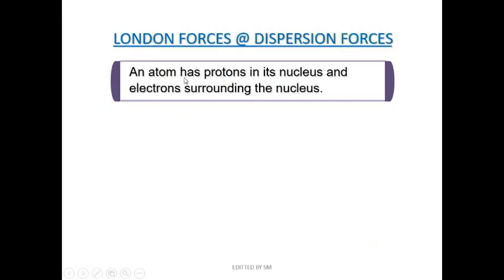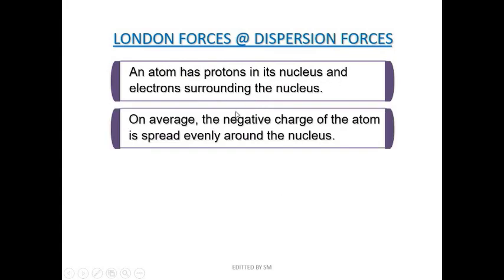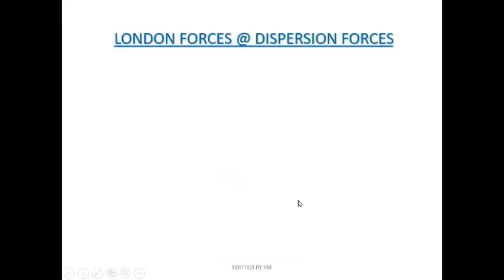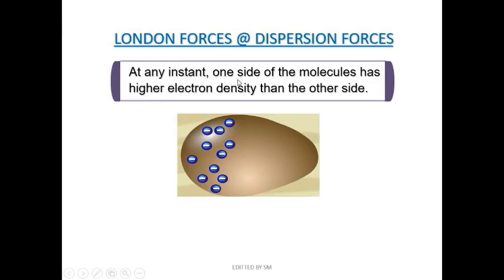Next, an atom has protons in its nucleus and electrons surrounding the nucleus. So, the negative charge of the atom is spread evenly around the nucleus. At any instant, one side of the molecule has higher electron density than the other side.